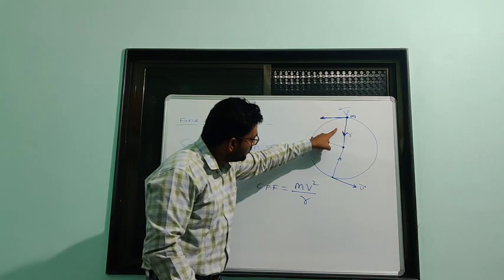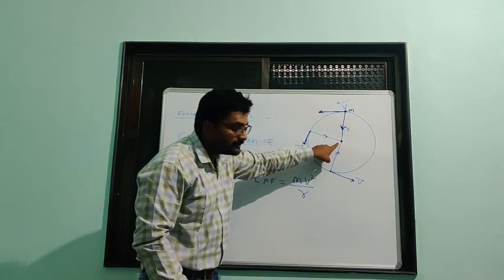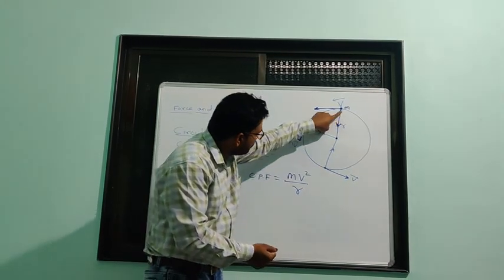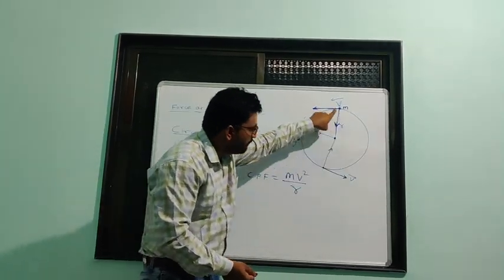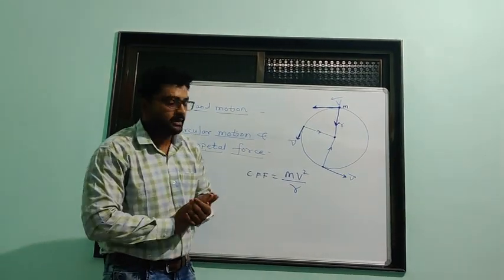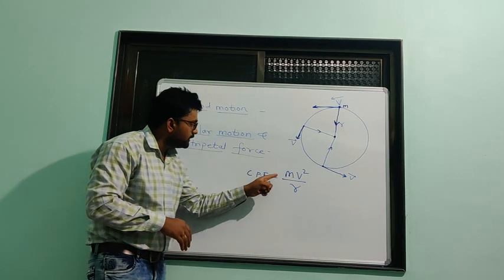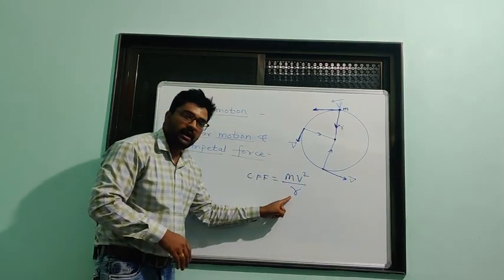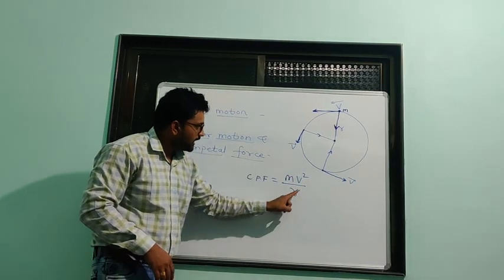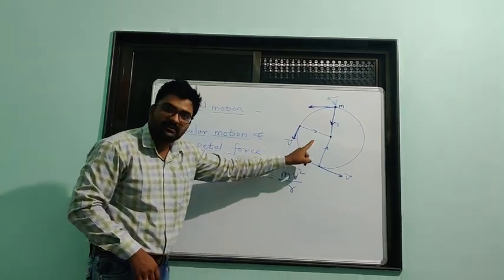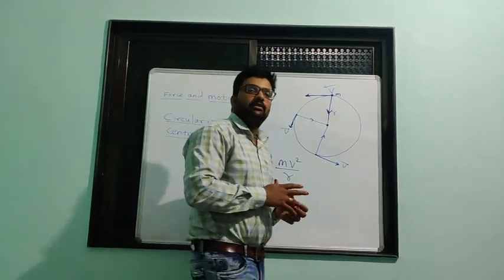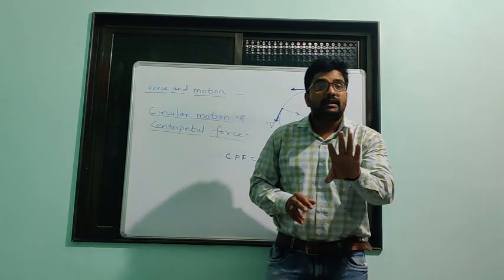It is always toward the center of the circle and binds the object in this circular manner. The formula of centripetal force is mv square by r, where m is the mass of the object, v is the velocity, and r is the radius of the circle. So that much study we carry out in today's introductory lecture.